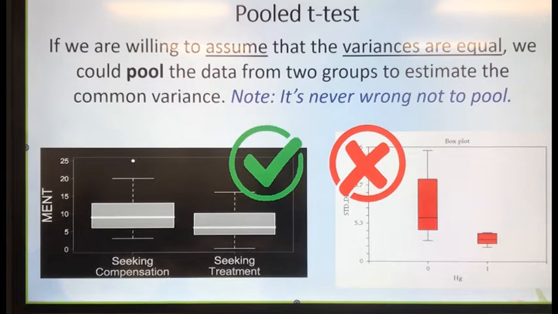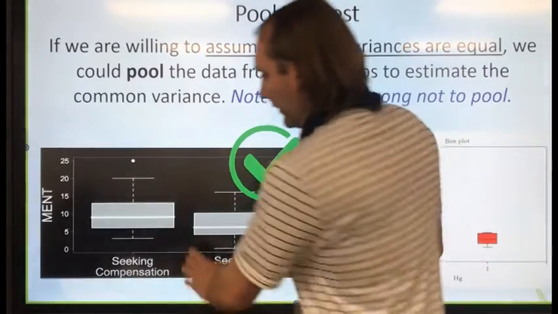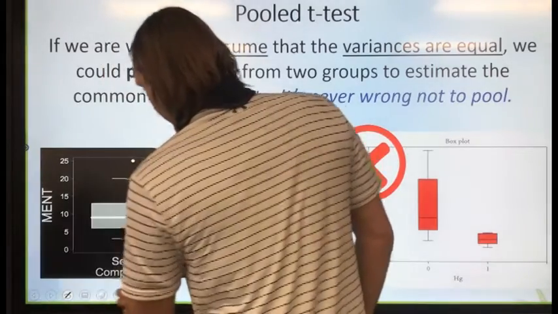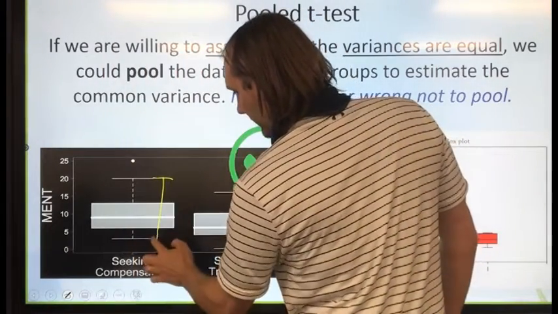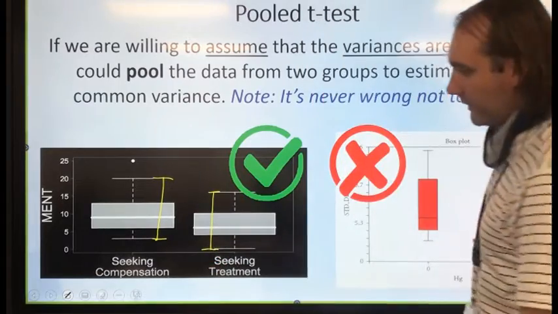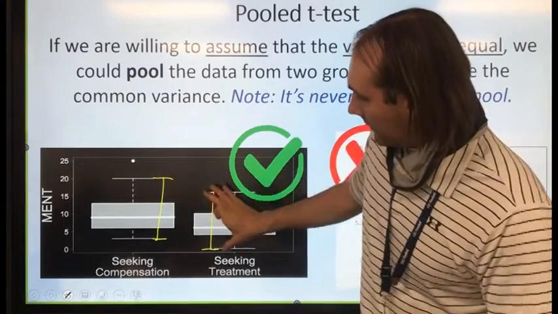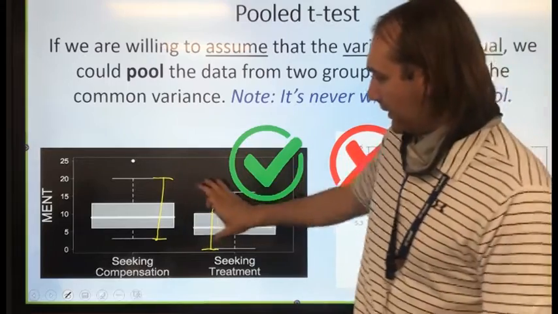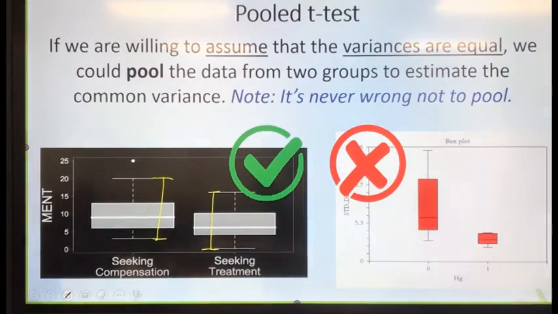There's another term called a pooled t-test. If we are willing to assume that the variances are equal, we could pool the data for the two groups to estimate the common variance. So as you see here, the variance between these two, from here to here, looks about the same between this set of data, right? These are about equal. I could pool this data if I wanted to.